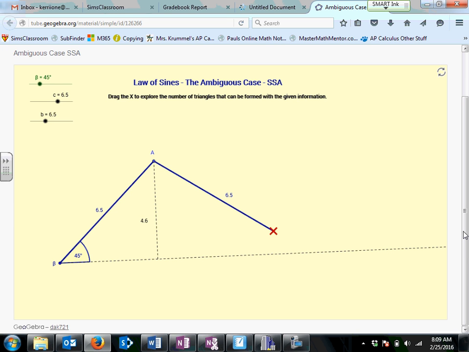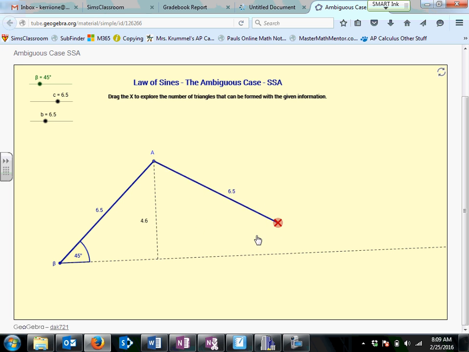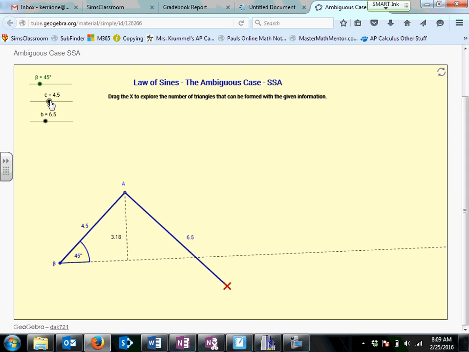So what we can do is toggle this back and forth to figure out when it makes a triangle. We have a triangle, right? Okay, now watch what happens.